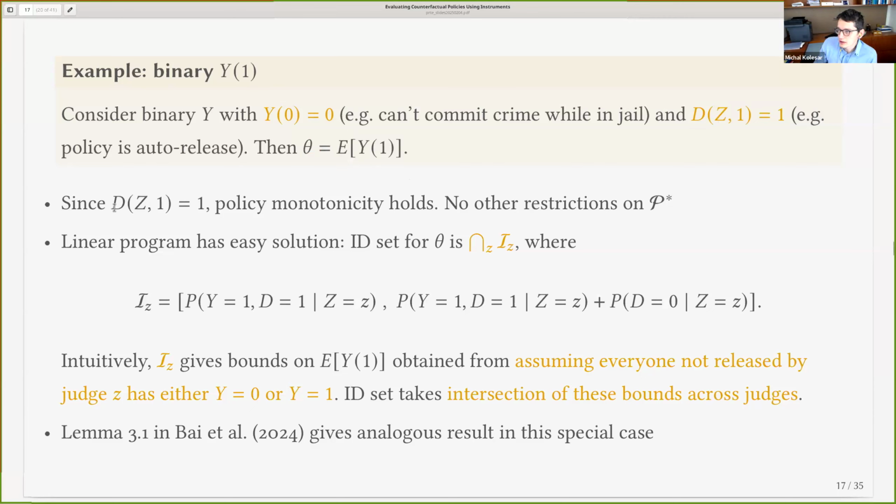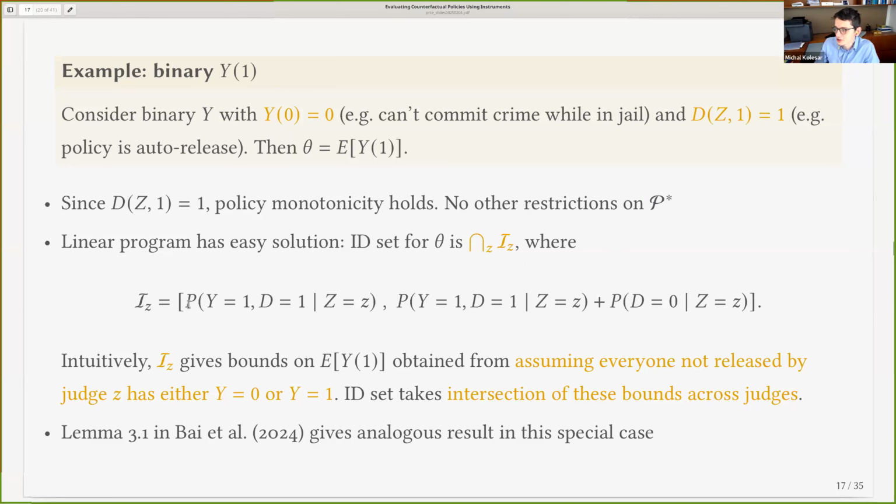Because under the counterfactual I'm releasing everybody, policy monotonicity, which says that if I'm releasing anybody right now I would also be releasing them under the counterfactual, holds automatically. And suppose I don't make any other restrictions on the model. Then it turns out the linear program has a very simple solution.